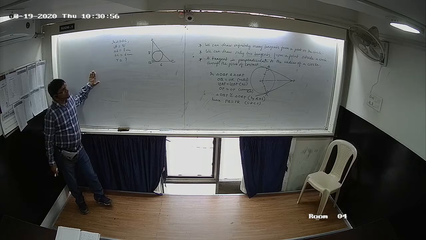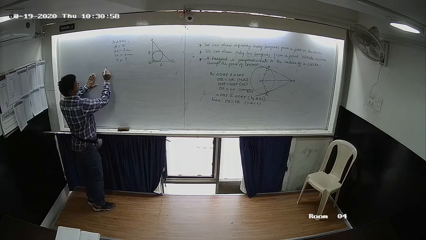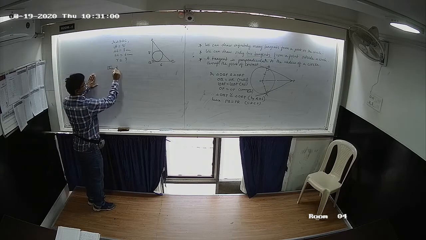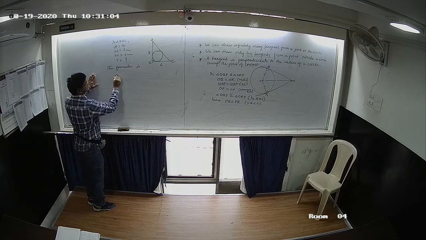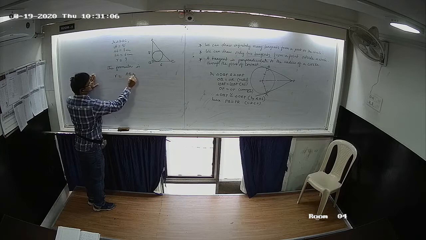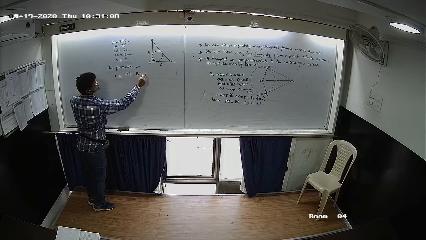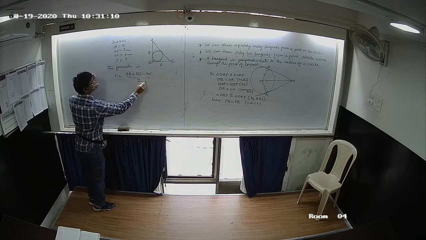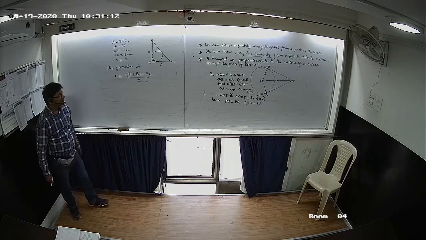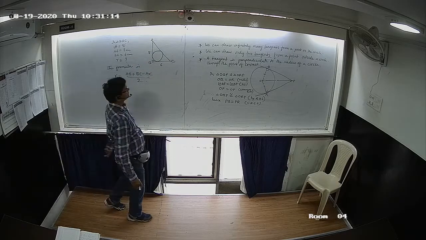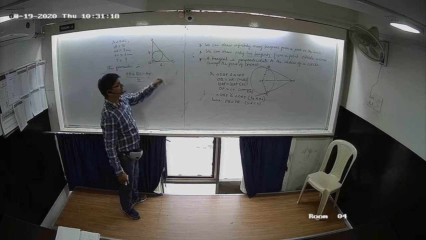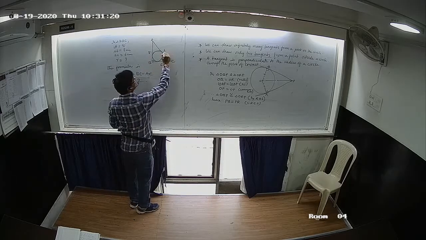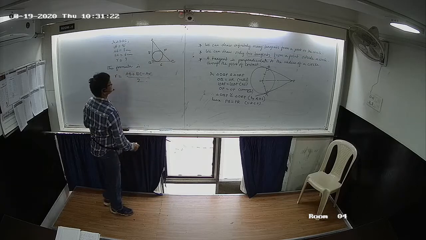Already we know the formula for finding that: R is equal to AB plus BC minus AC by 2. Let us first find out AC. Apply Pythagoras theorem to find AC. Then AC will be 10.